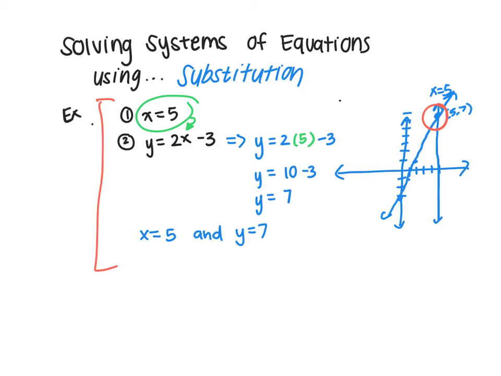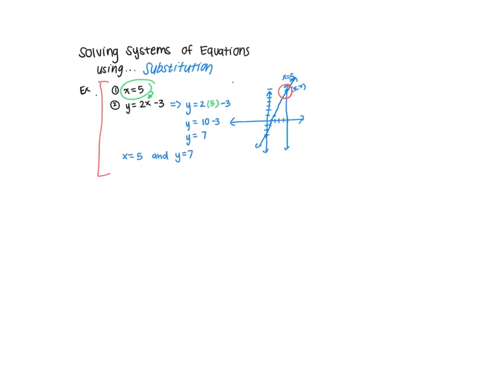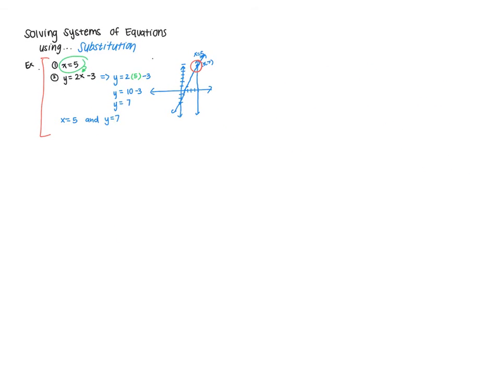So let's give a different example. Say we have an example where you're given one equation, 2x minus 3y equals 7, and another equation, negative 3x plus y equals negative 7.